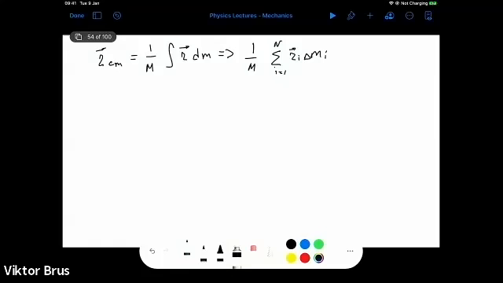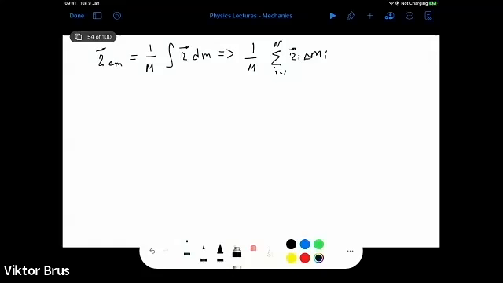So this is when we are talking about some extended bodies, which consist not of separate pieces, but they are continuous and possess some density.